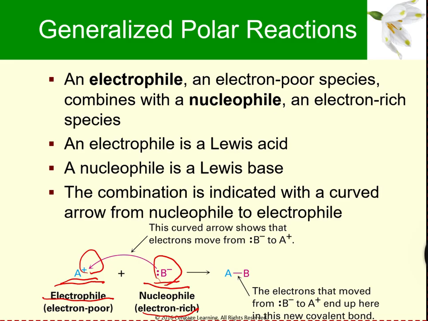If they make a bond like this, it's two electrons, and both electrons come from B. So the two electrons in B move to A and make a bond. So when we show the movement of electrons, we should show the movement like this. Make a bond.